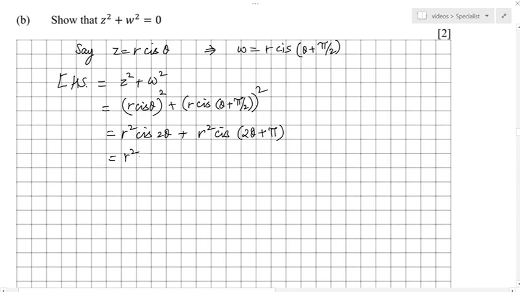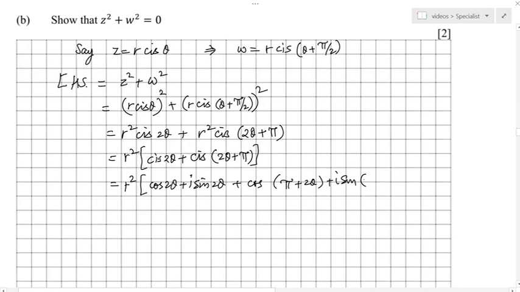Take r square common, and write that as cos 2 theta plus iota sine 2 theta plus cos(pi plus 2 theta) plus iota sine(pi plus 2 theta).